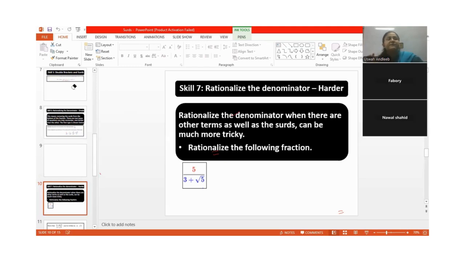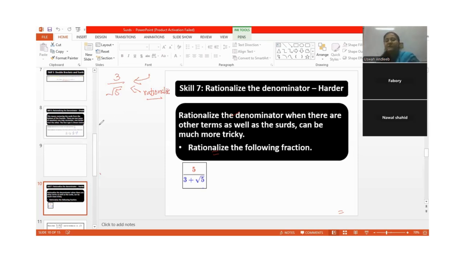Obviously, all the other skills hold importance, but this is important. For example, first a very basic question like 3 over under root 5, and he asks you to rationalize it. Even if he doesn't ask you to rationalize it, and you are given such an expression in a question, keep in your mind that it is compulsory that you rationalize it. Don't ever solve it without rationalization. The question will become very complex and you won't be able to handle it.